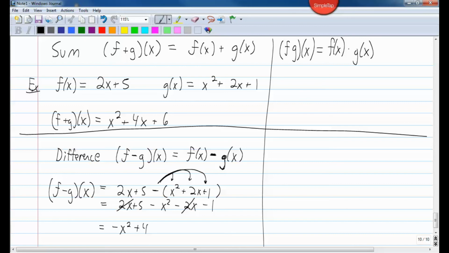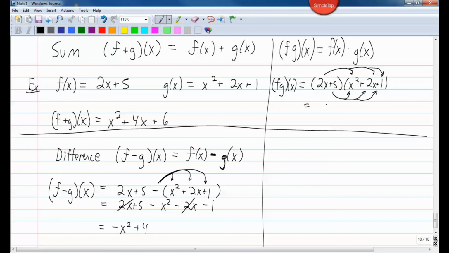So if I did that here for these two same functions, if I wanted to find f times g of x, that would mean 2x plus 5 times x squared plus 2x plus 1. So take the first number and multiply that times everything in the parentheses, and then take the next number and multiply that times everything in parentheses, and then add the like terms.